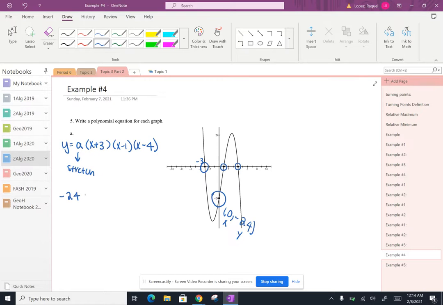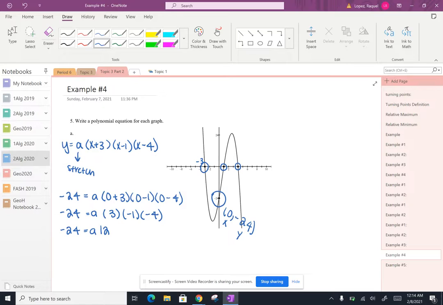So -24 equals a, I don't know what my a is. That's what I'm trying to figure out. And then put 0 in for x. 0 minus 1 and 0 minus 4. Okay, let's start simplifying. I end up with a times 3 times -1 times -4. And when I multiply all of those numbers together, 3 times -1 is -3. -3 times -4 is +12.